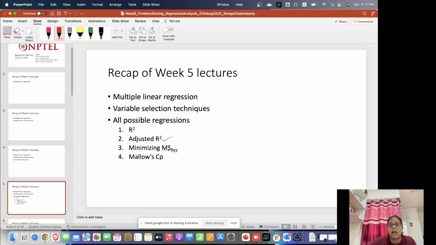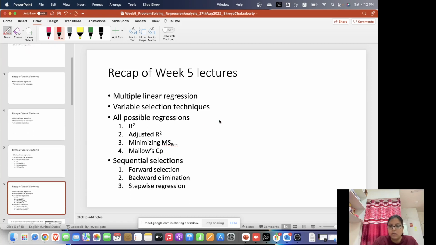Whichever model had a larger adjusted r squared, we took that as our best model, or the one with minimum residuals, or the regression with a Mallows Cp close to p, where p is the number of parameters. This week we have learned forward selection, backward elimination, and stepwise regression. I'll be doing sums on these concepts today so that it is more clear.